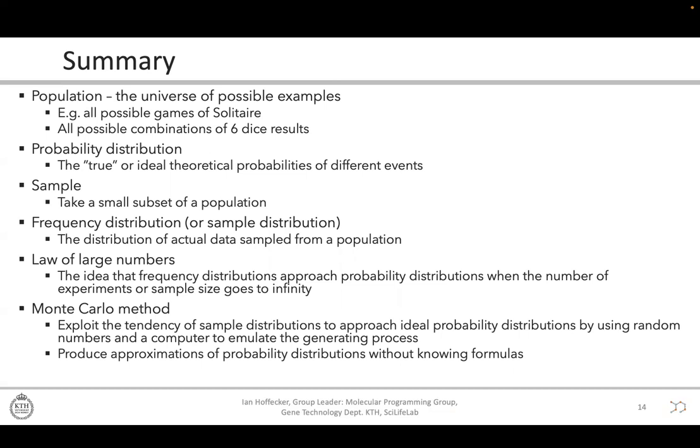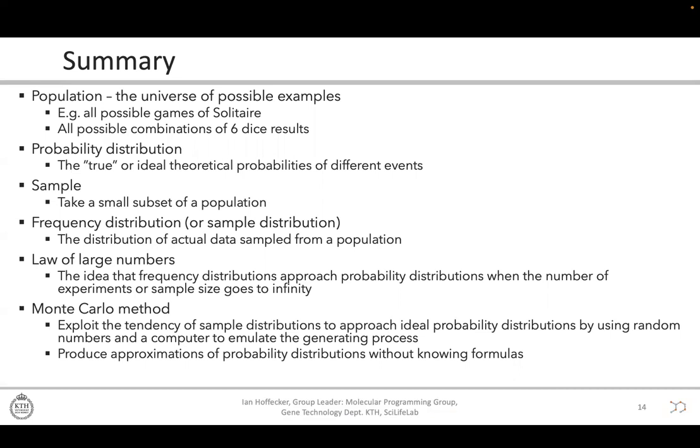Sometimes you can enumerate all the possible events, but in most cases it's not possible. That's where experimentation comes in, sampling. We perform experiments that allow us to get information about the shape of that distribution. Sometimes experimenting can be done in a lab, but sometimes it can be done in a computer, and that's the Monte Carlo method.